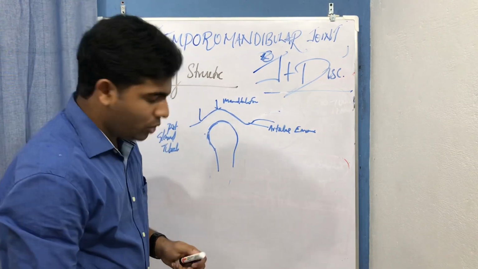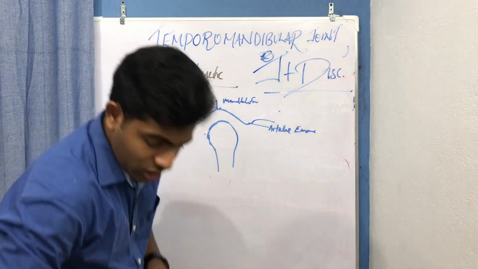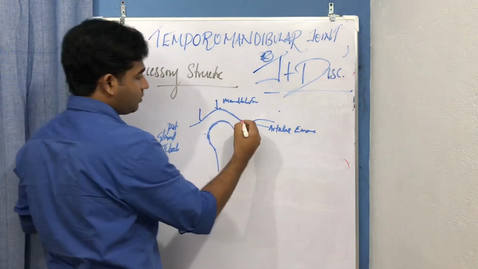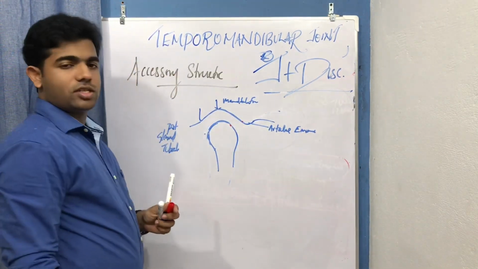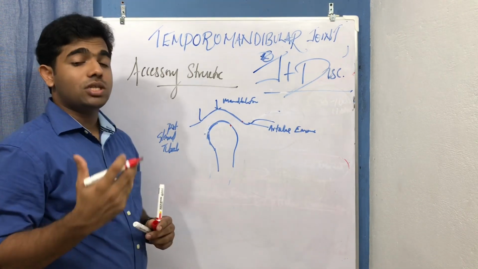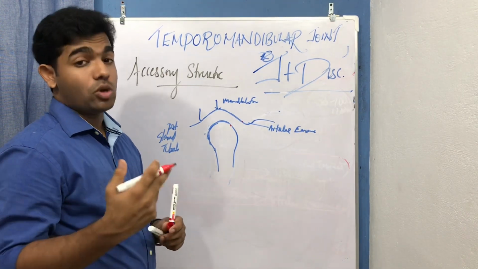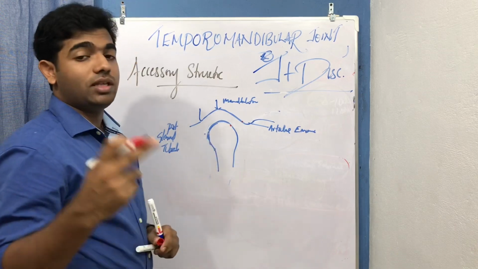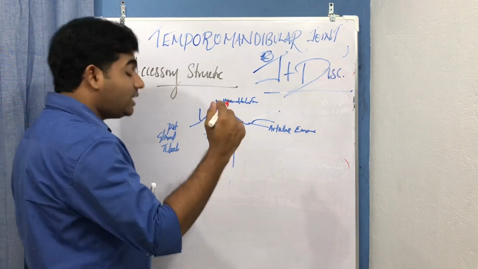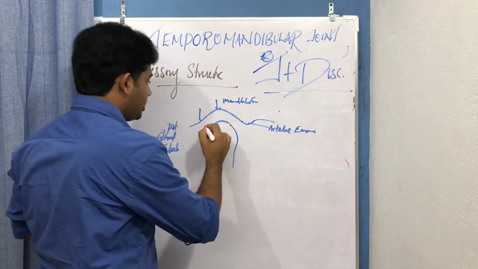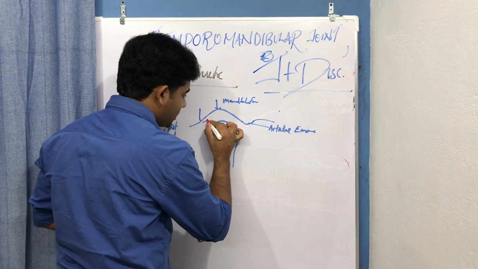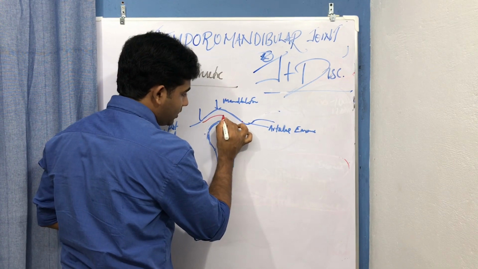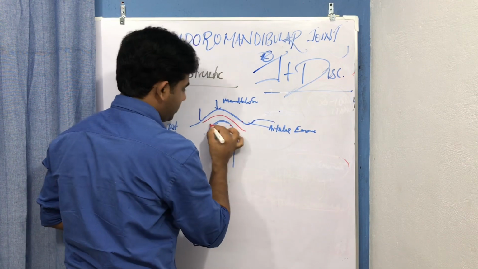Now you see that these structures, this one and this one, are convex. That is producing some problem. It is making the joint incongruent, and you need something that can increase the congruence, and that is your disc. The disc runs from here like this.